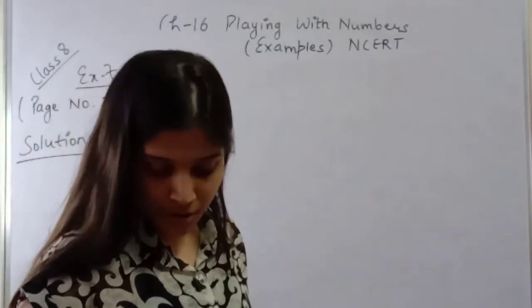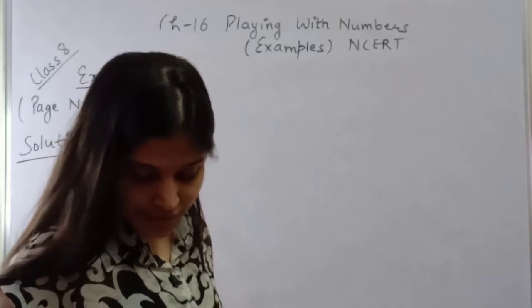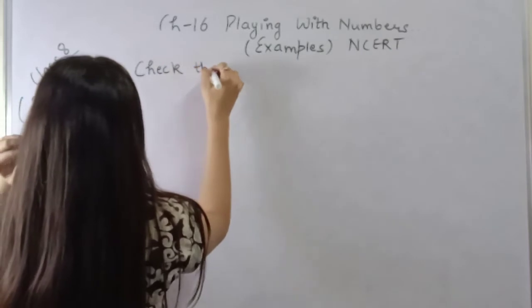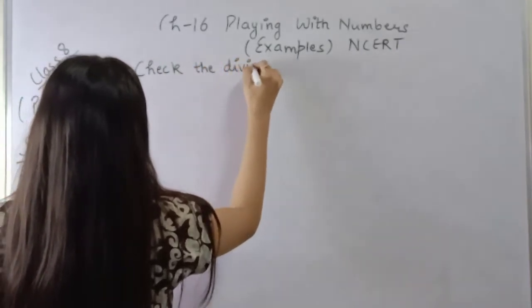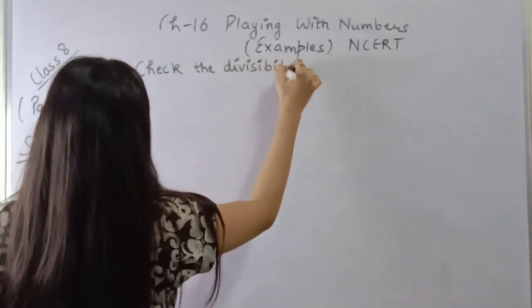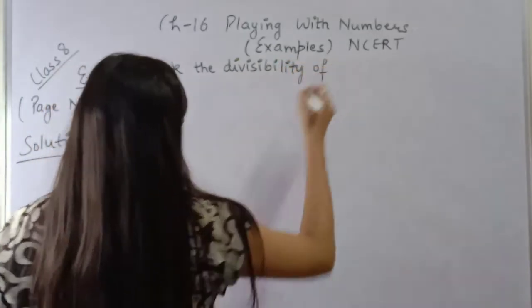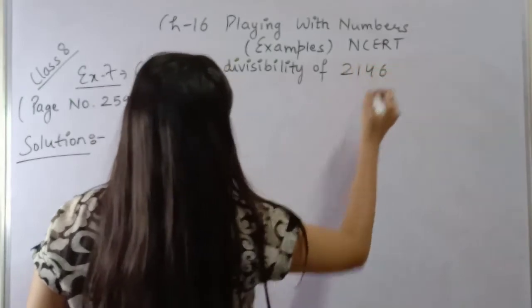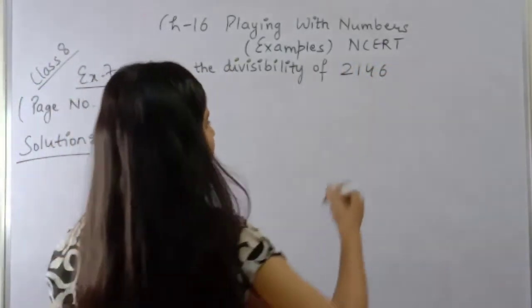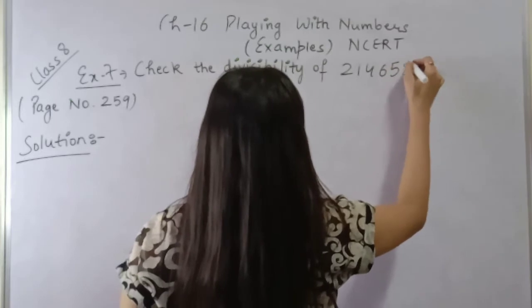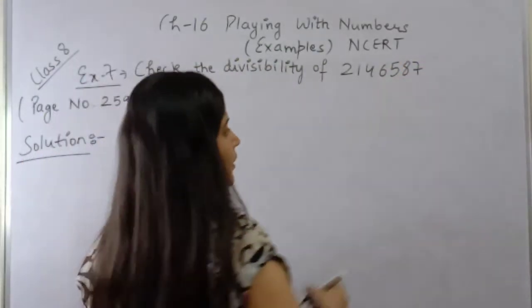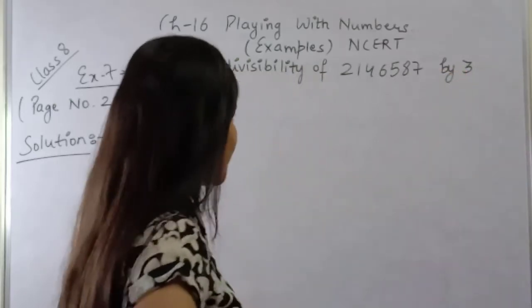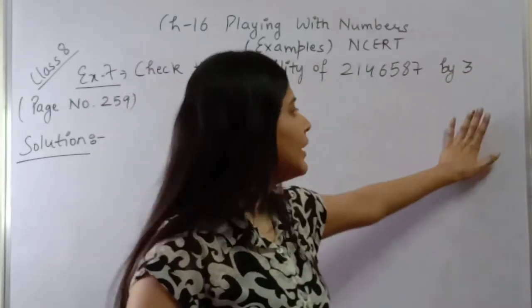Again, same page. The question says, check the divisibility of 587 by 3. Okay, so now we need to check the divisibility of this number by 3.